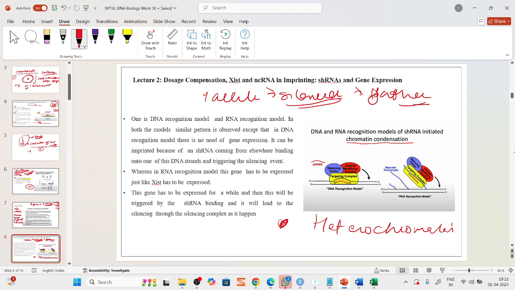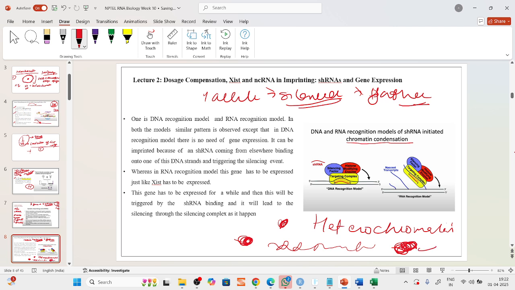And because it is so much condensed, that is why it is stained darkly, because one line versus this much line. So which is darker? This is darker. If these are the lines like this, and if the lines are like this, which will be darkly stained? This one, because it is more condensed.